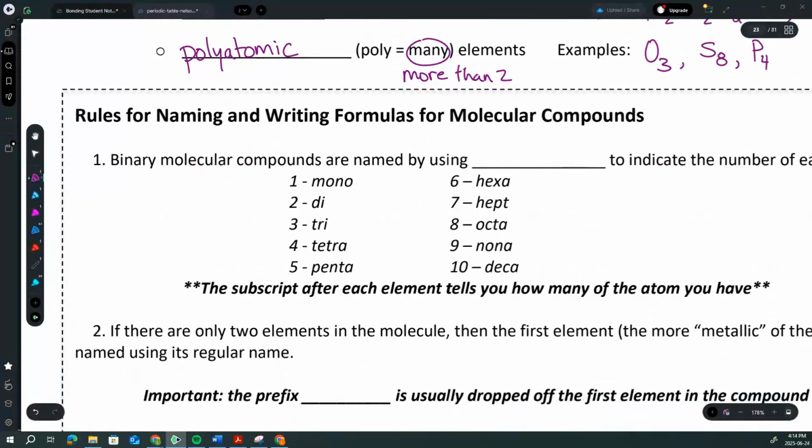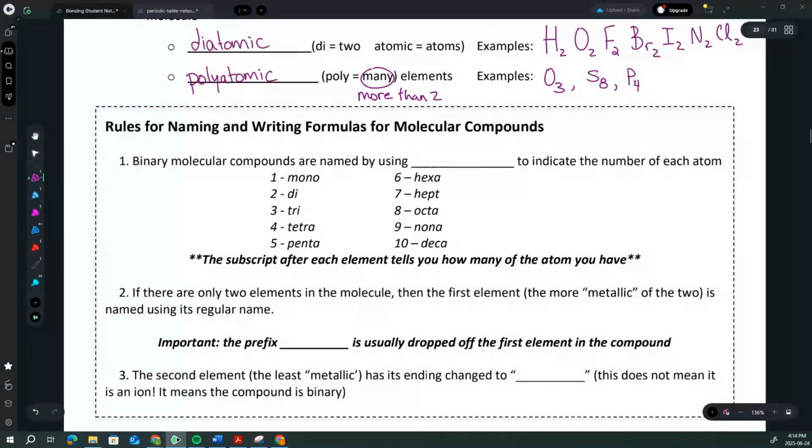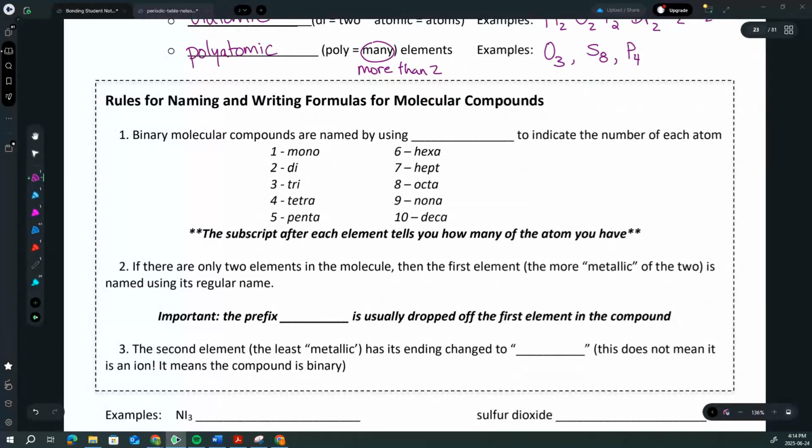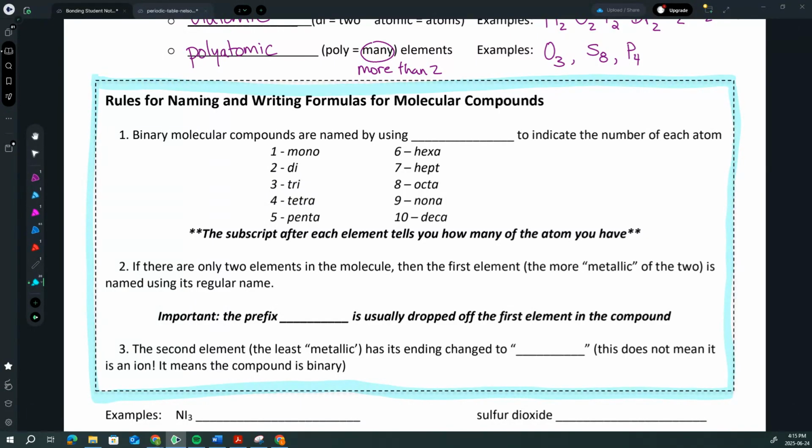Okay, so rules for naming and writing formulas for molecular compounds. All of this is going to be pretty important information, so let's highlight this box. Step number 1, binary molecular compounds. Binary just means you have two elements in this compound.